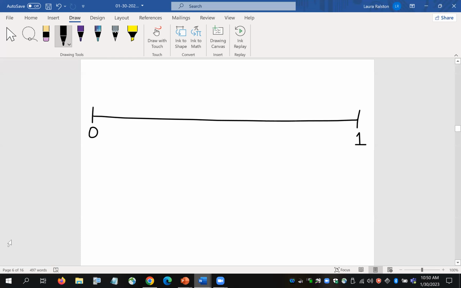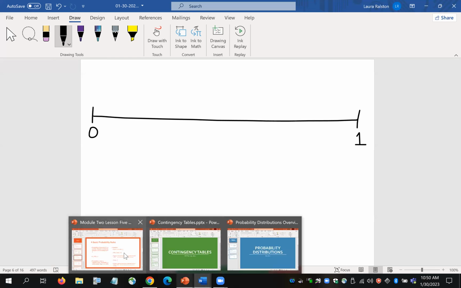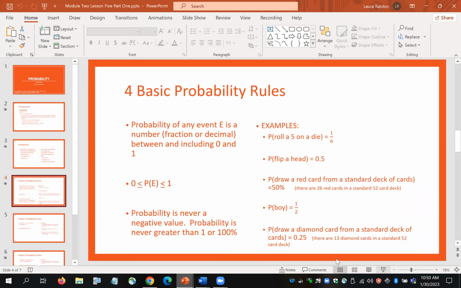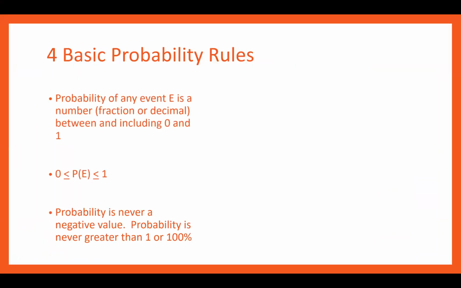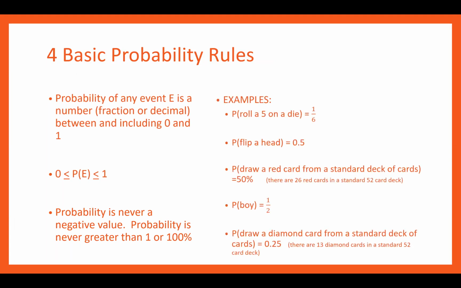Again, it says this on the PowerPoint, but probabilities are never negative, and never greater than 1 or 100%. Okay, and then I give you some examples there of different scenarios of what probabilities could be.